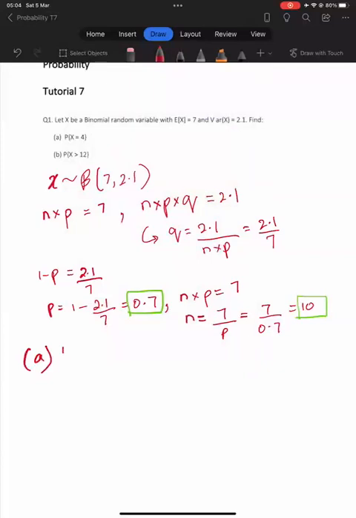So out of the 10 trials, in 4 trials we get success, which has probability 0.7 raised to the power 4. And then we have failure, which is 1 minus p, 0.3 raised to the power 6 for the remaining 6 trials.